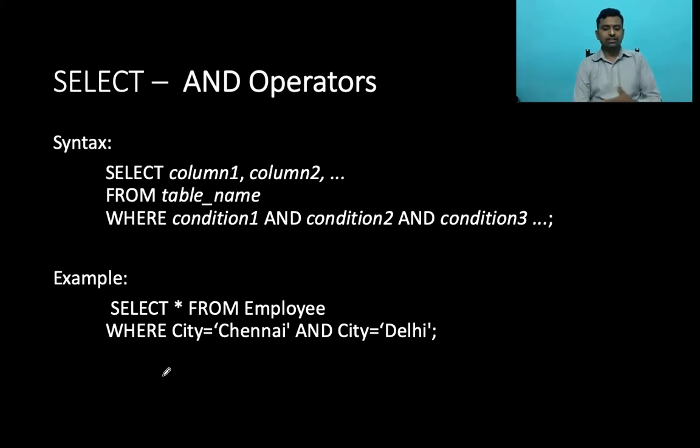So probably 100 here and 500 here, totally 600 rows will be printed. If I want to check people who are getting a salary greater than 5,000, then instead of this, I'll say salary greater than 5,000.